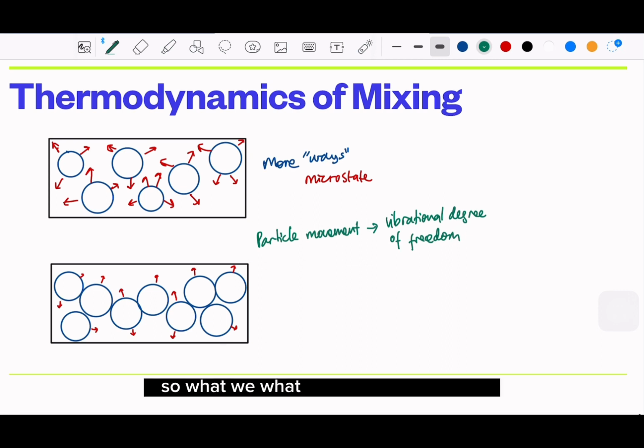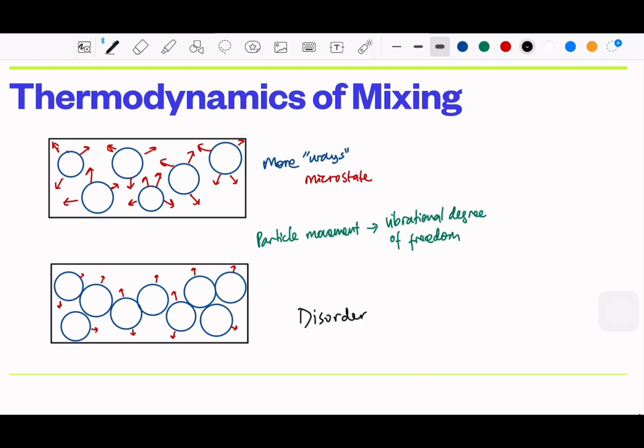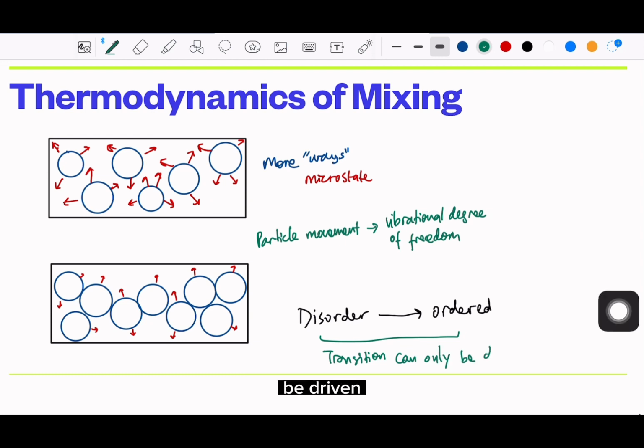So what we have here is the conclusion: to make this disorder become ordered, the transition can only be driven by entropy. Okay.